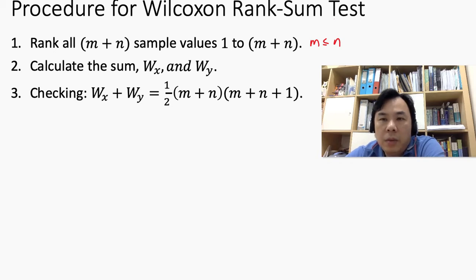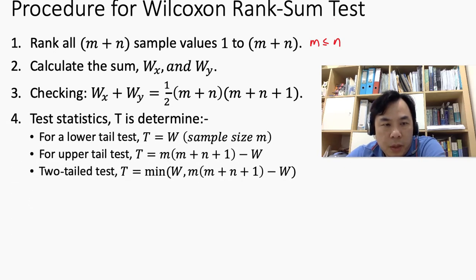After checking through all this, we're going to analyze the test statistics as usual. The test statistic T is determined by using the following rules. If you are working on a lower tail test, the test statistic will be the sum of the ranks for the smaller sample size m.